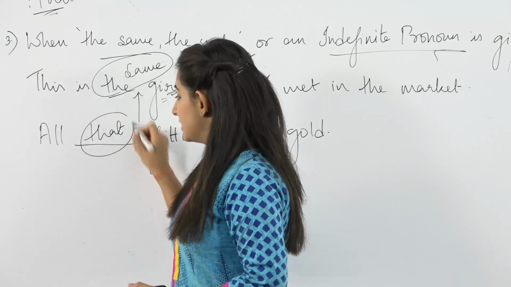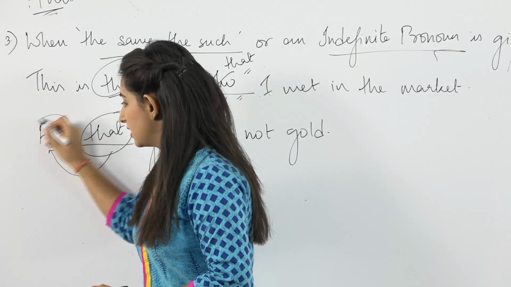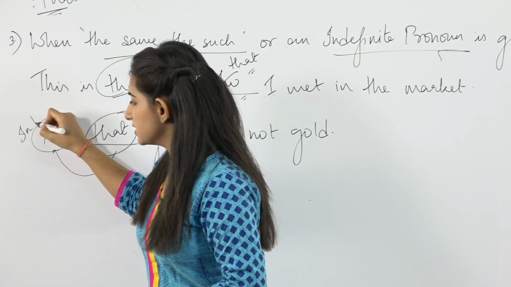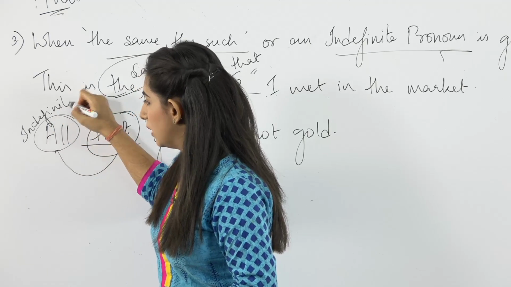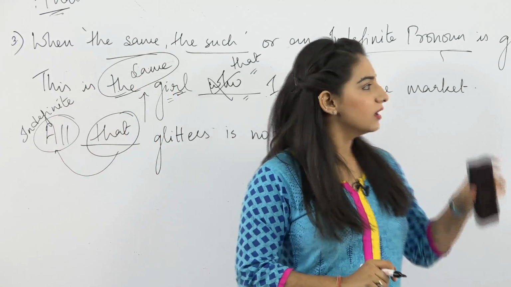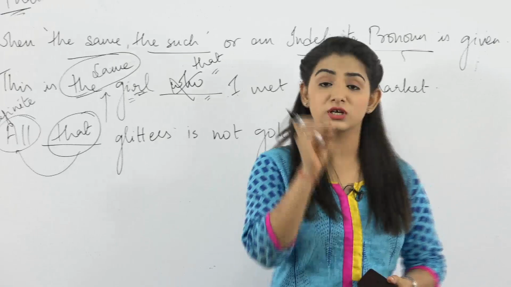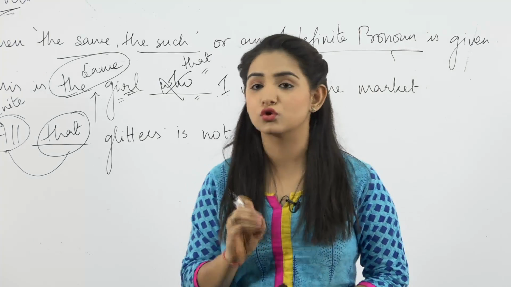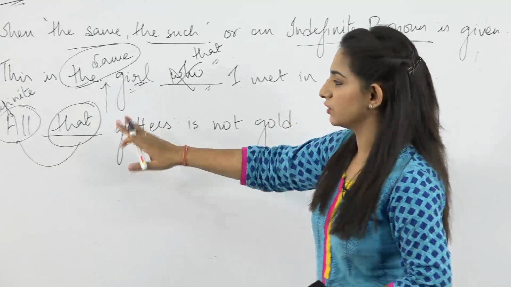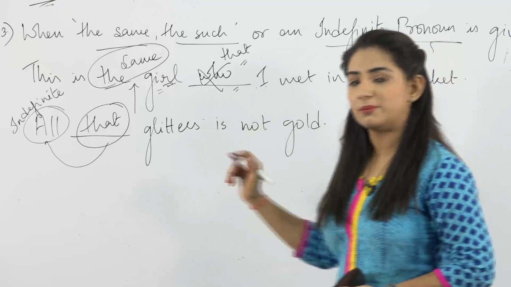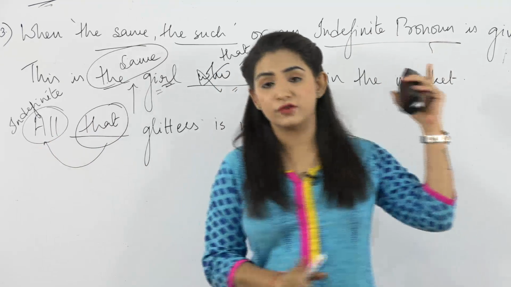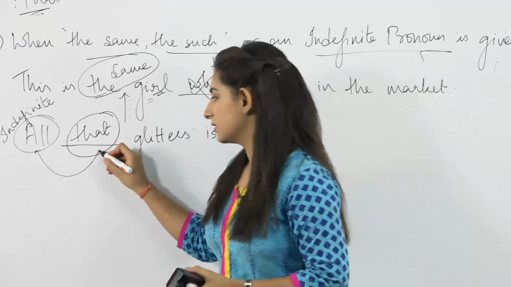Because that is placed according to all, which is an indefinite pronoun. जब भी हमने क्या कहा? जब भी हमारे पास the same, the such या indefinite pronoun use होगा, उस condition में हम that का use करेंगे. In this sentence, we are placing all, which is an indefinite pronoun. That is why we have placed that here.